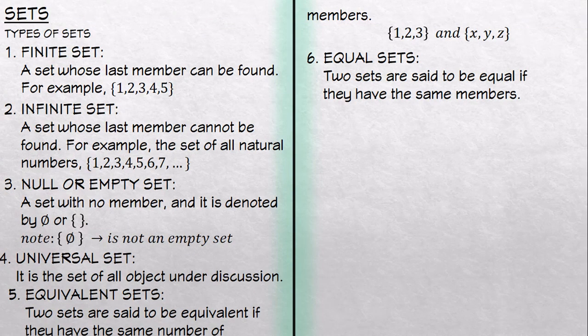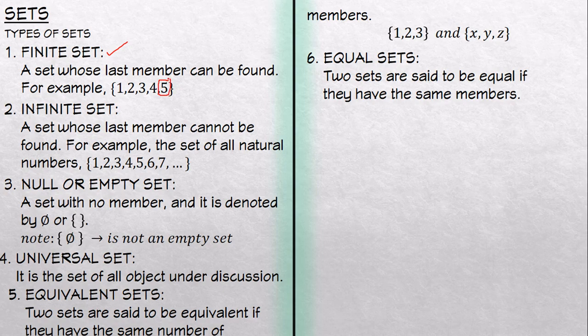Now let us move on to the types of sets. The first set I want to talk about is the finite set. When we talk of a finite set, it's a set whose last element is known, or at least a set whose cardinality is known.